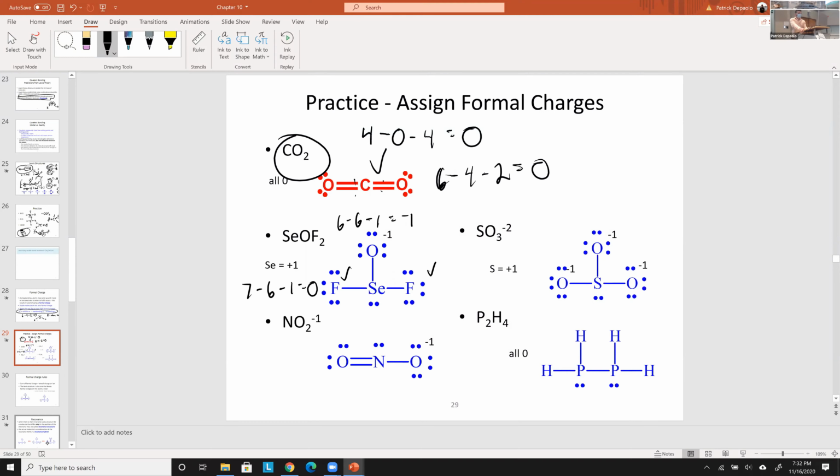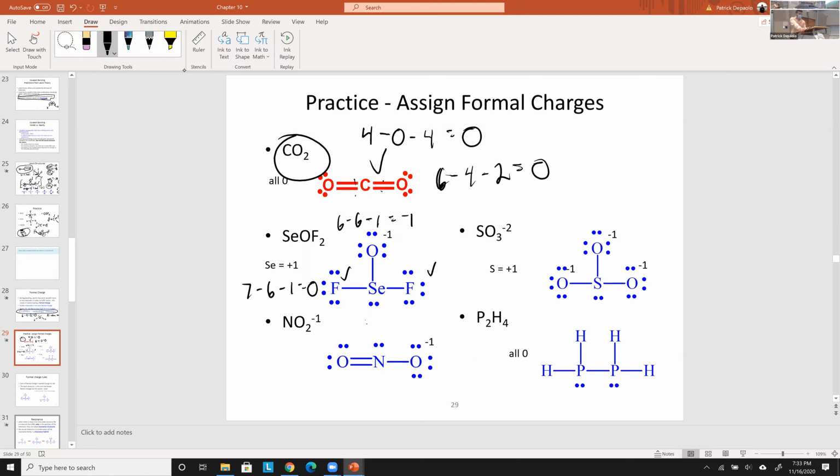Then selenium. Selenium is below sulfur, right? Yeah, below sulfur.